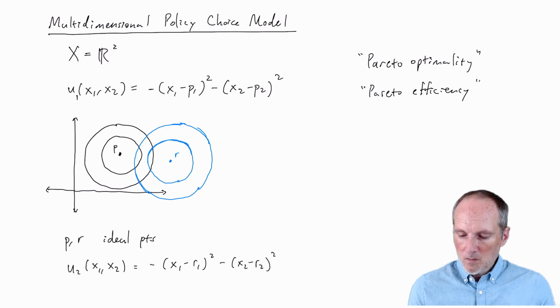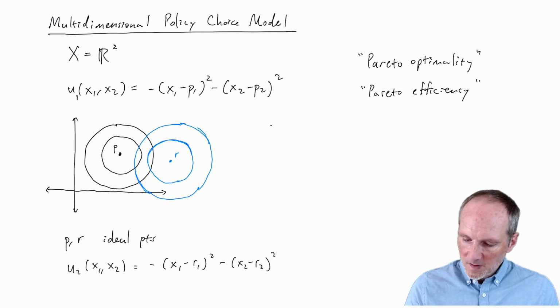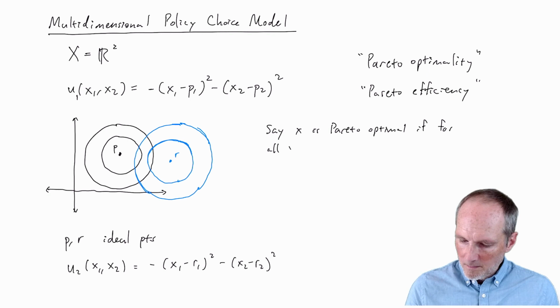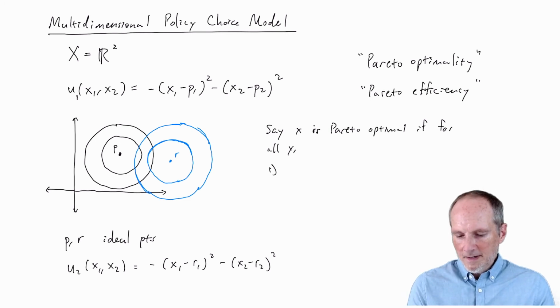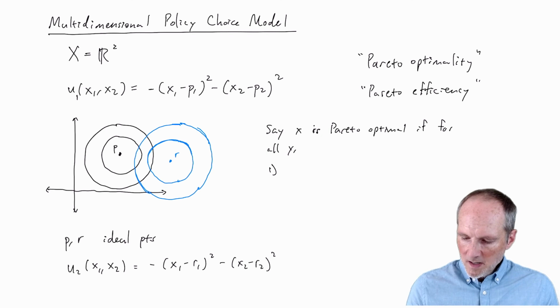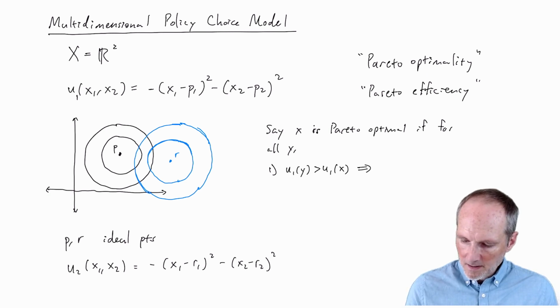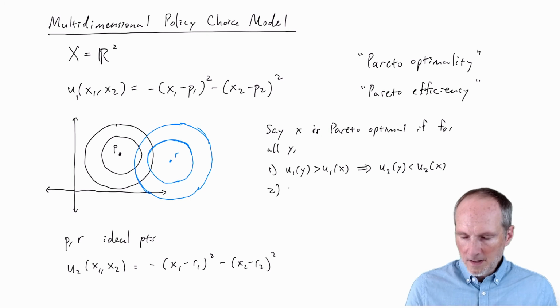Okay, so let's write this out formally. We'll say X is Pareto optimal if for all Y, I'll just define it in the context of this simple two-person model. So I'm going to use two different conditions here. The first is if person 1 is better off with Y, so they get a higher utility, then person 2 must be worse off with Y. And then there's a symmetric version of this.